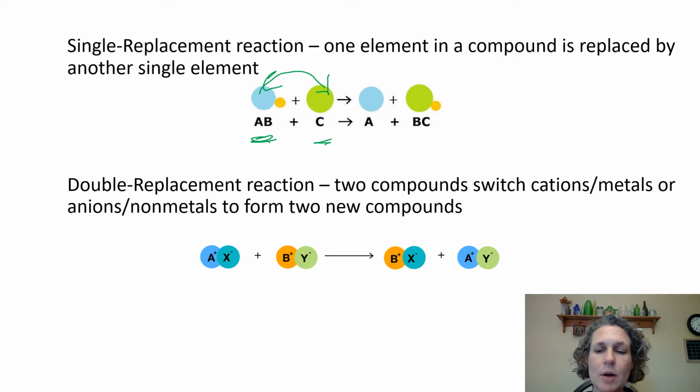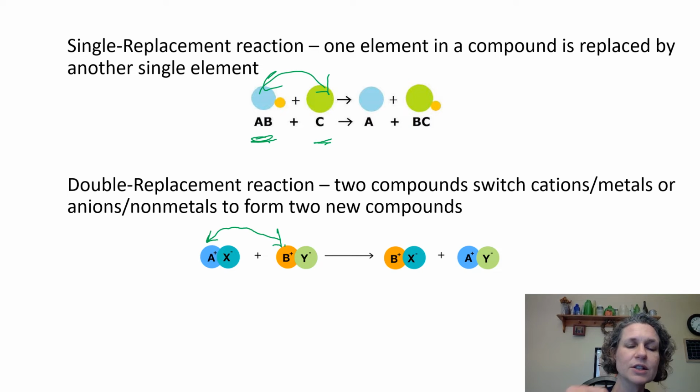Yikes, that was painful. Okay, and then double replacement reaction. 2 compounds switch the cations, or the metals, the first element, or they switch the second elements. In this case, I'm going to say that A and B swap places. So now I end up with the B with the X and the A with the Y. You just have this double replacement reaction, and you get 2 new compounds.